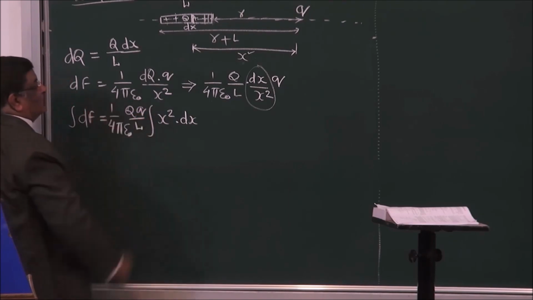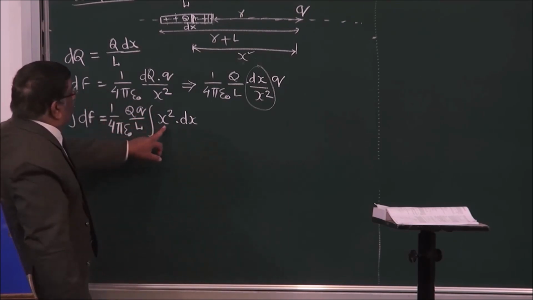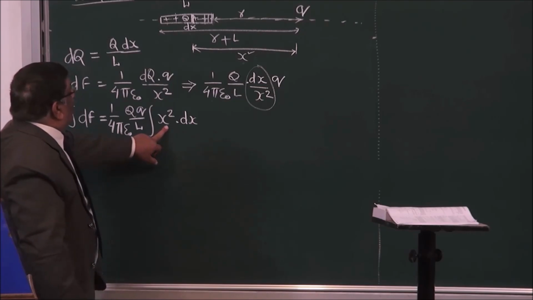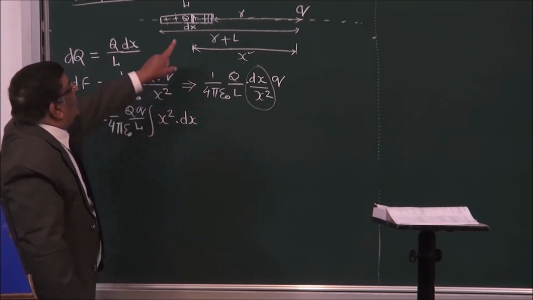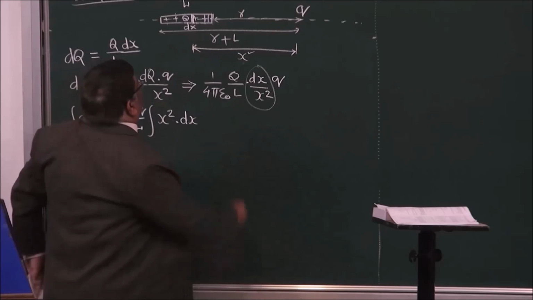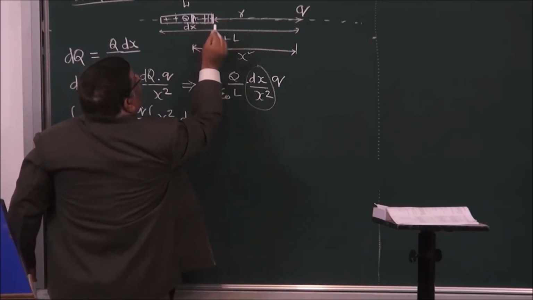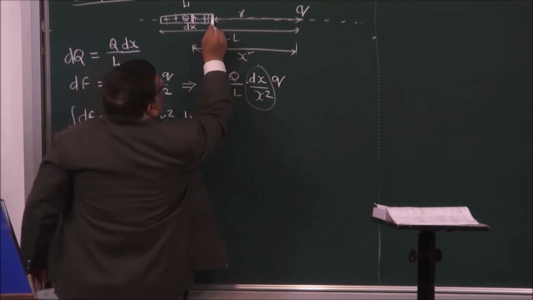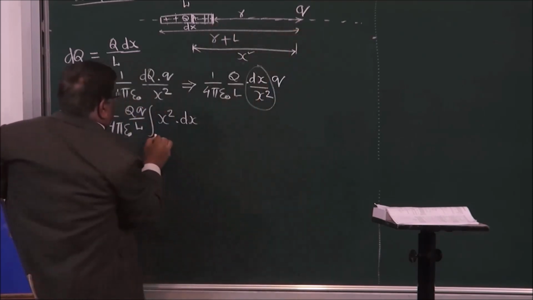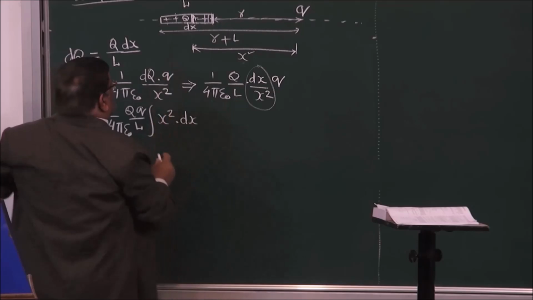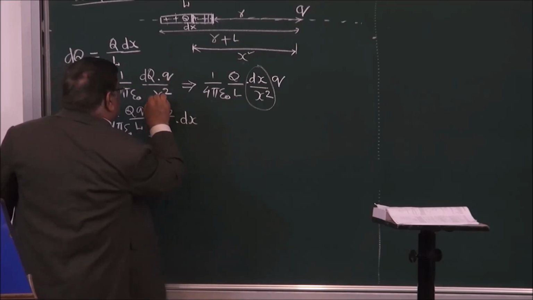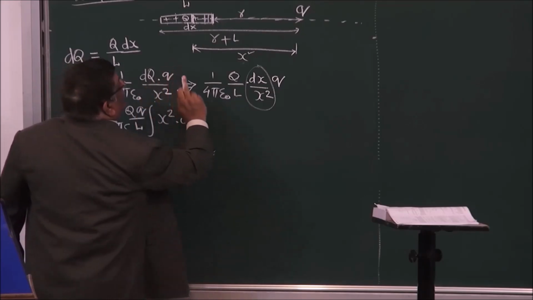1 upon 4 pi epsilon naught Q upon L. Now, if we are doing integration, then what are the limits of x for which we are doing the integration? Answer, x starts from here. What is the value of x at this point? R. So this will start integrating from R. Then where will it go?